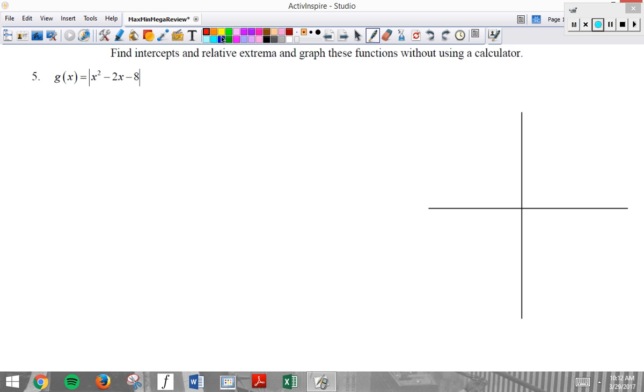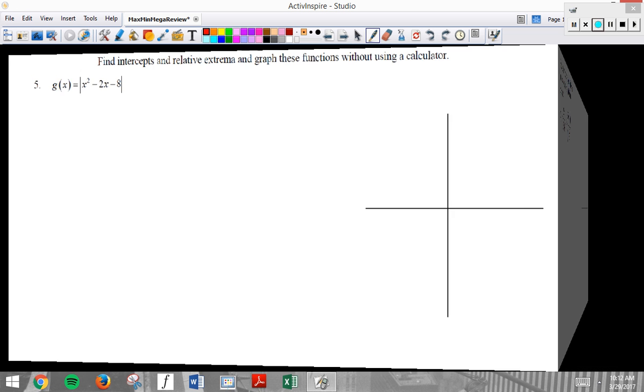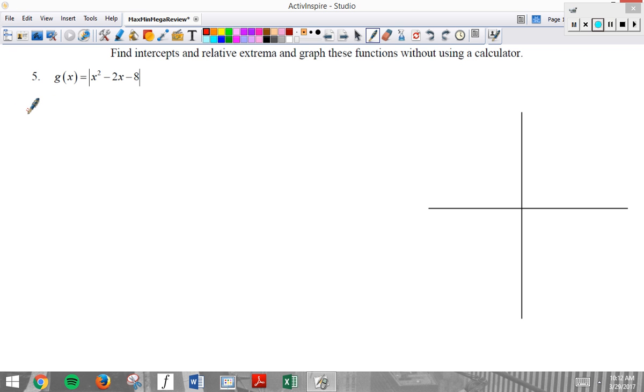First look. For any time it's an absolute value graph, look at this guy without absolute value. That's what I'm talking about.